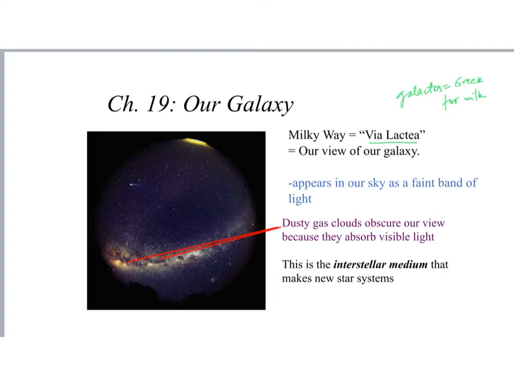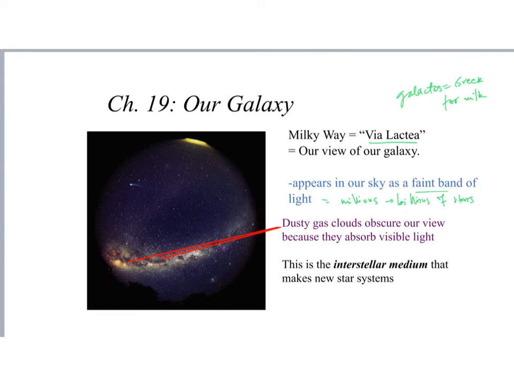Now, remember, we also talked about how in the early 17th century, Galileo Galilei used his telescope to prove that the light of the Milky Way comes from a myriad of individual stars. So that band of light is actually millions to billions of stars.